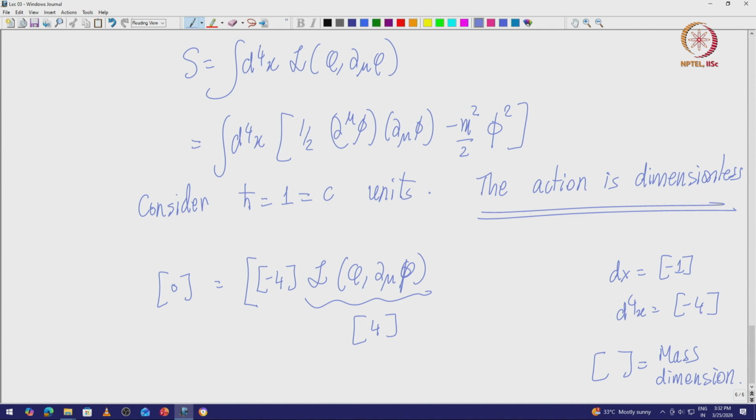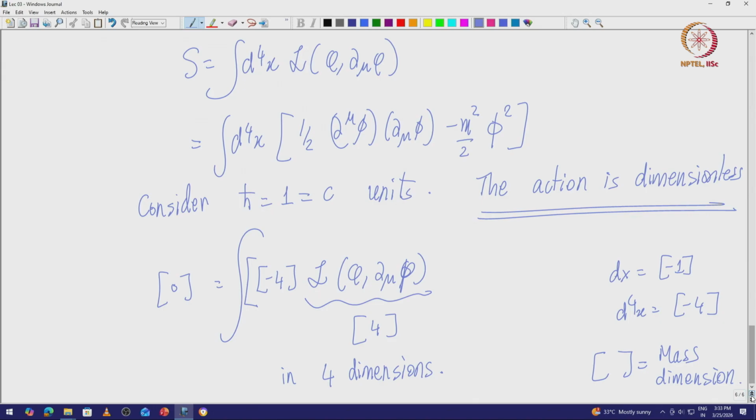So on the left hand side you have 0 mass dimension. On the right hand side, in the integral you have a -4 mass dimension. So if you want to have 0, the Lagrangian should have +4 mass dimension. This is all true in 4 dimensions, that means 4 dimensional space and time essentially.